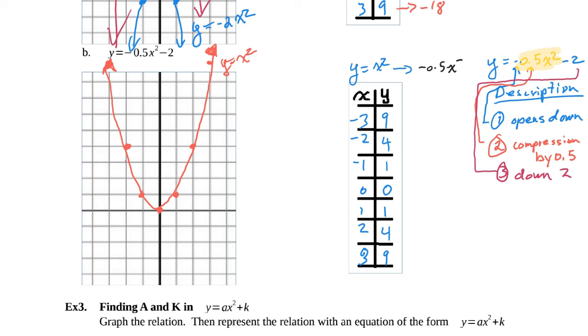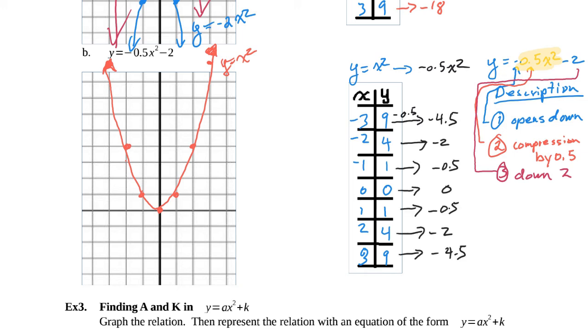And in order to do that, we have to multiply 9 by -0.5. So you got to get -4.5 and so on. And then you take those points and match them with the x's and graph. And now that I've got that, what this will allow me to do is, now that I've got my flipped graph with its stretch properly, now we can go and move our graph down 2 points.